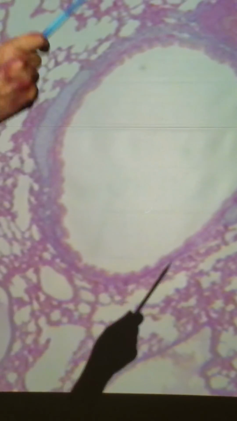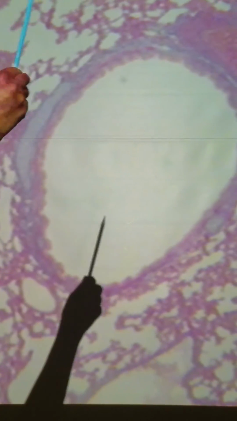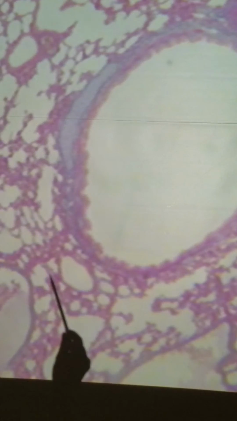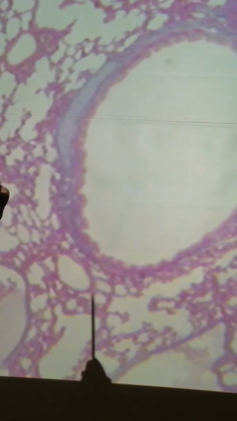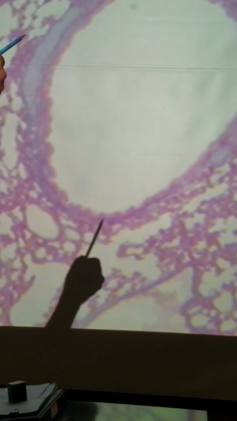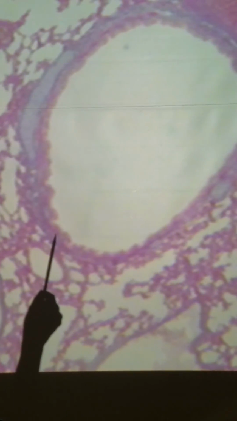So you might not see hyaline cartilage all the way around, but if you see it on one side of this tube-like structure, then you know it's a bronchi, because bronchioles don't have hyaline cartilage. They're going to have smooth muscle because they can bronchoconstrict and dilate. So if anyone asked you to identify the structure, you would say a bronchi, because you can see some hyaline cartilage. And that's the easiest visual differential, because clearly it's not an alveoli, as to whether you have a bronchi or a bronchiole.